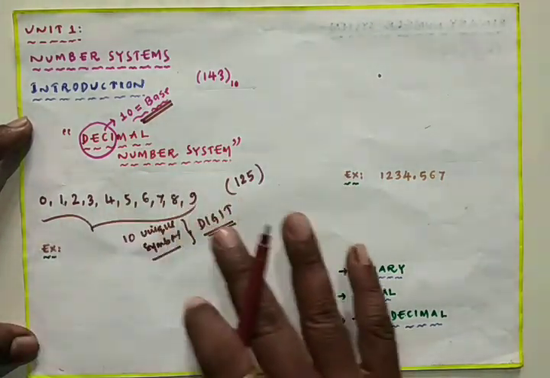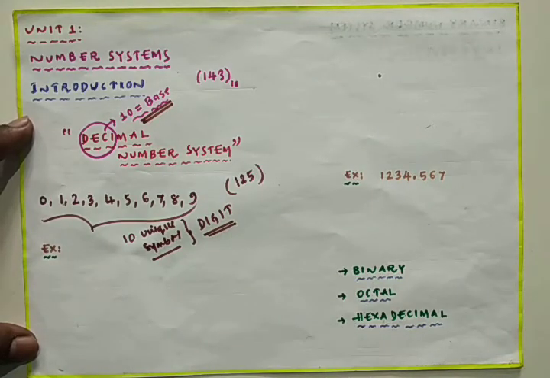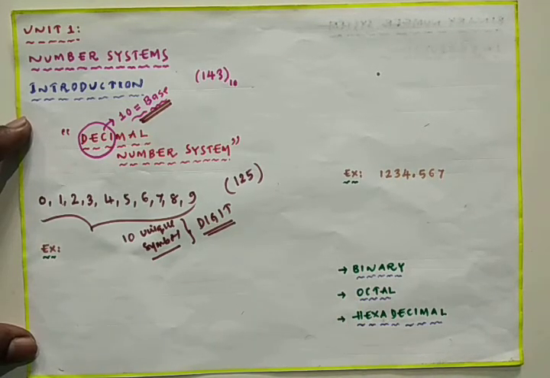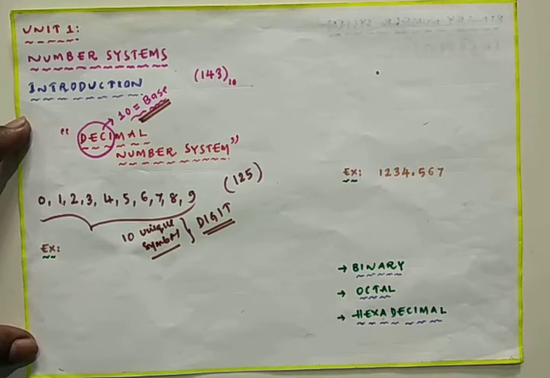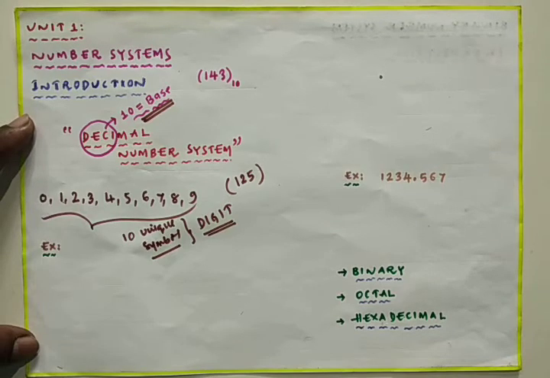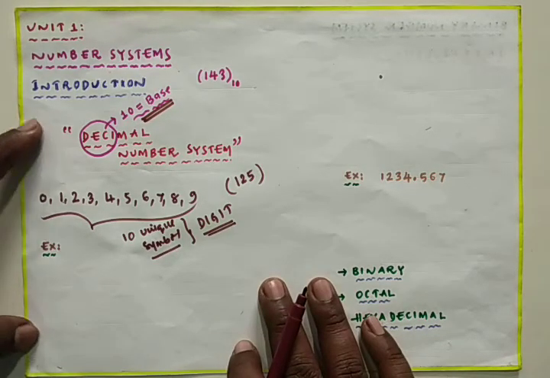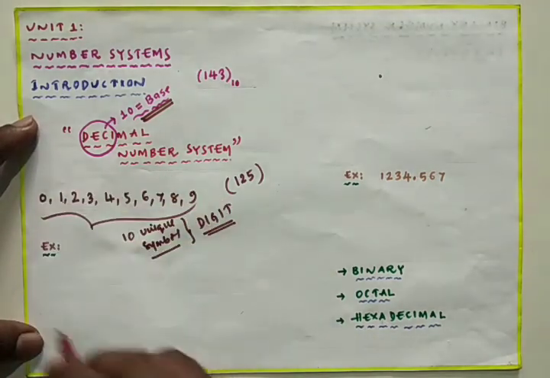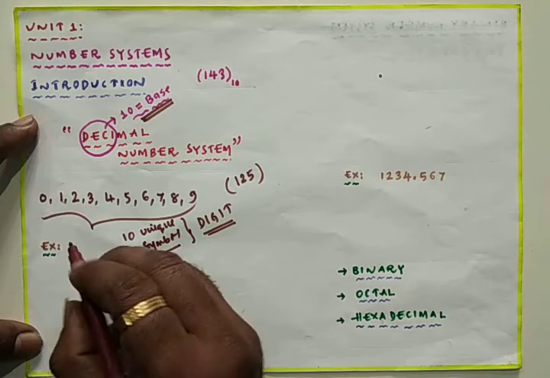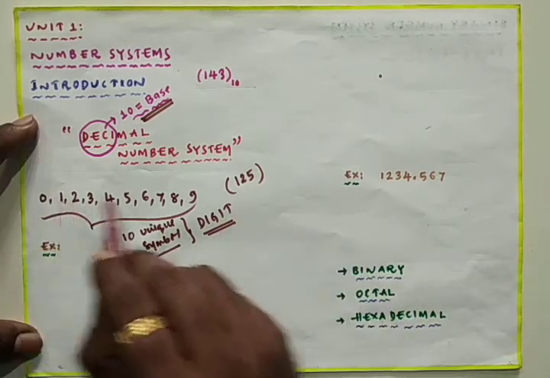Whatever numbers we use in daily life, if I tell the time to a person, that number is a decimal number. If I am borrowing money from a person, that number is a decimal number. Whatever numbers we use in daily life are nothing but decimal numbers only. The decimal number system has the base of 10, so it has the digits 0 to 9.